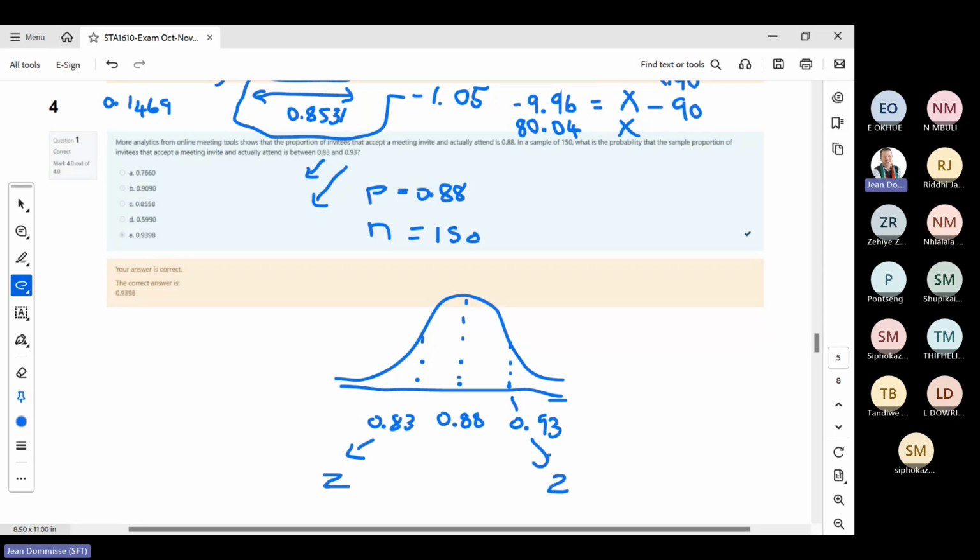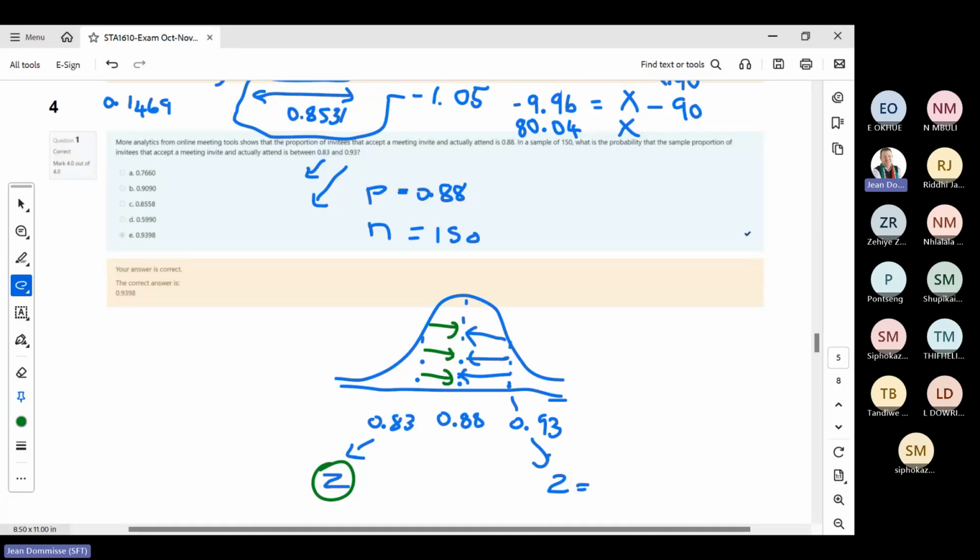Then linked to this Z value, you need to get that probability. And linking to this Z, you will need to get that probability. And add the two together. So that is how you would go about this.